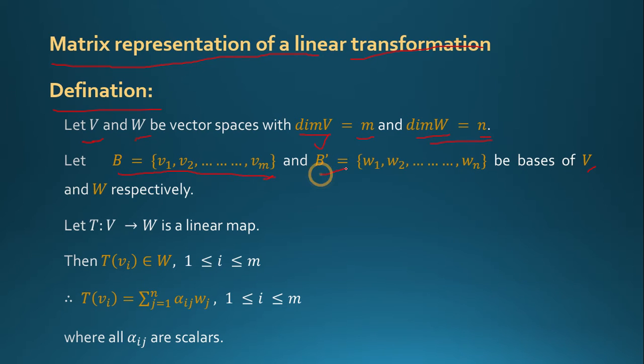And the dimension of W is equal to N. So basis B dash is equal to W1, W2 up to Wn, N vectors.